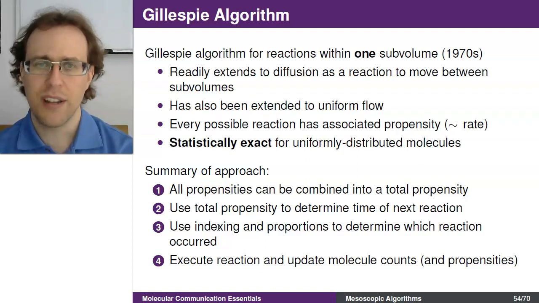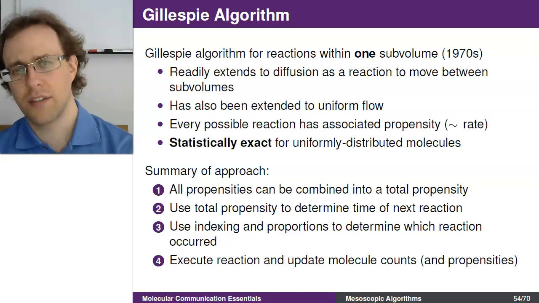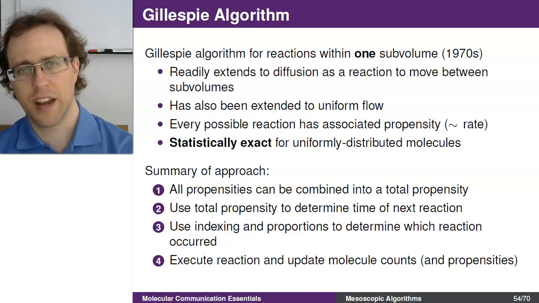I won't go through all the details of the approach like I did for the microscopic regime, but just to give a summary. You basically take all your possible reactions in all your subvolumes. You figure out the propensity of each of these reactions. You can combine propensities into a total system propensity, and then use that total propensity to determine the time until the next reaction to occur.